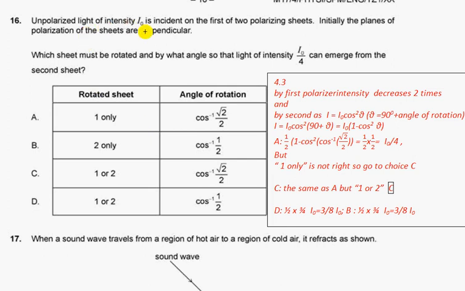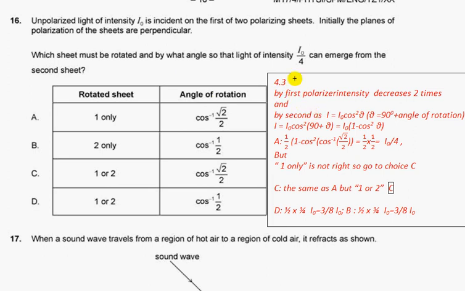Unpolarized light of intensity I0 is incident on the first of two polarizing sheets. Initially, the planes of polarization of the sheets are perpendicular. Which sheet must be rotated and by what angle so that light of intensity so much emerges from the second sheet? This is complicated.